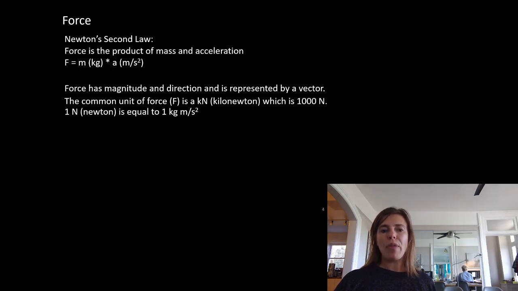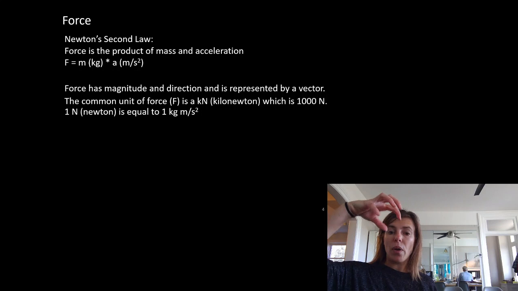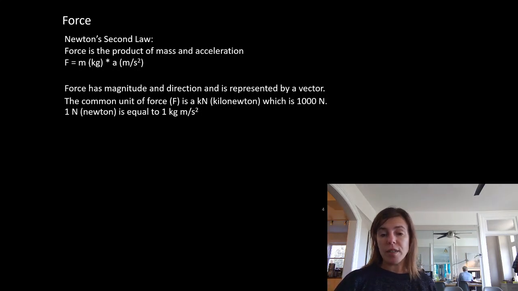Rather than that clumsy unit of measurement, kilogram meters per second squared, we've given it a shorthand, and we've given it the name of our wonderful friend who first learned to do these calculations and talked about how we would quantify that value, and we've called it a newton.